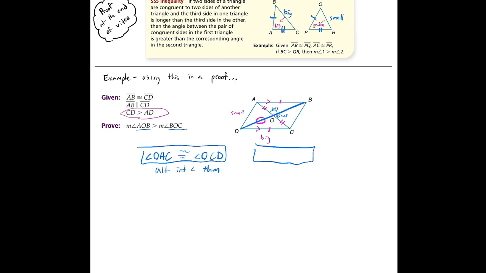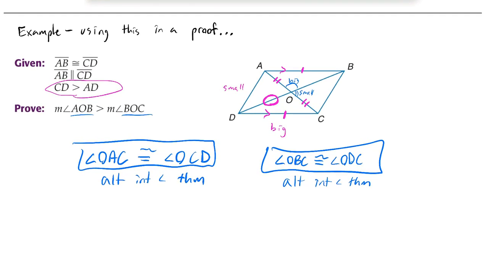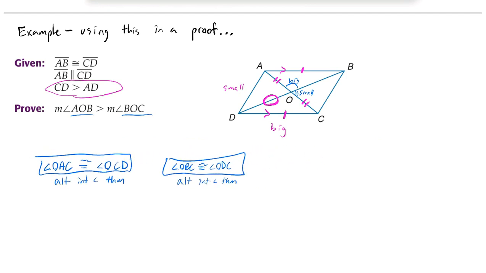And then along this transversal and parallel lines, we have these two angles are congruent. So let's establish that. That's angle OBC is congruent to angle ODC. That's also the alt-int angle theorem. Okay, I'm going to zoom in here so I can shrink this. I'm writing gigantic when it's zoomed out. Okay, so we have those two.